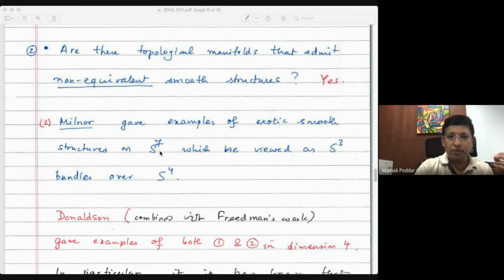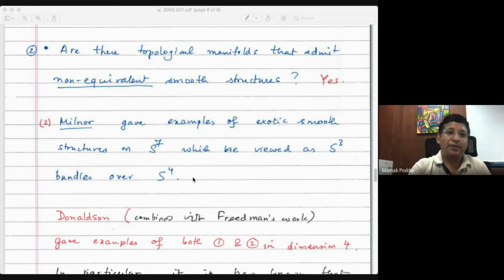And the seven-dimensional sphere, there is a way to look at this as a family of three-dimensional spheres over the four-dimensional sphere. Okay, anyways, it's not that hard, but not a good place to exactly show it to you.